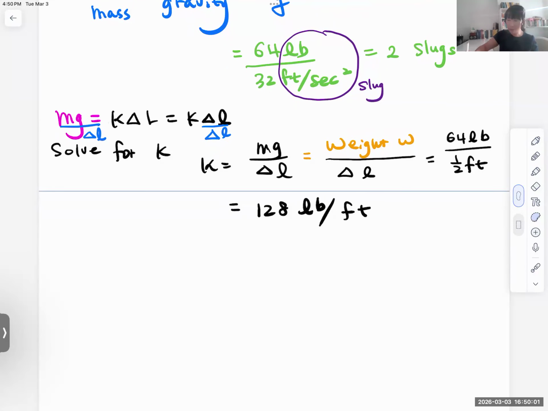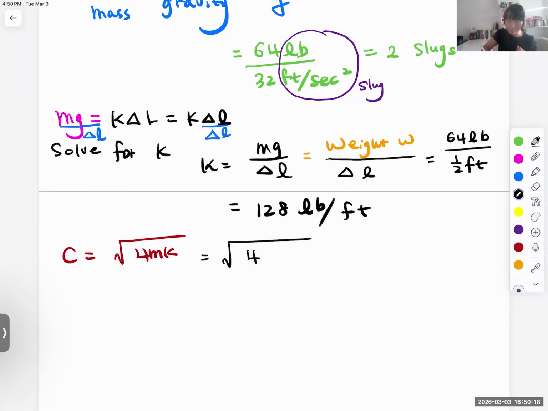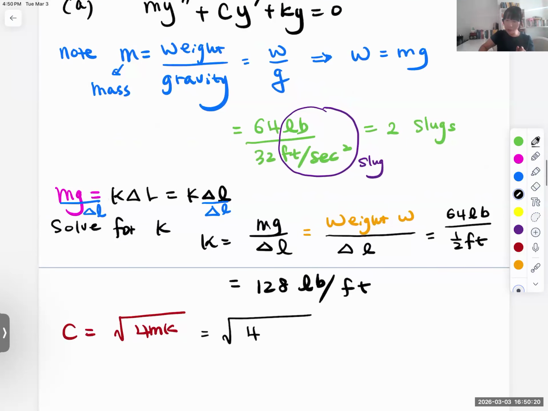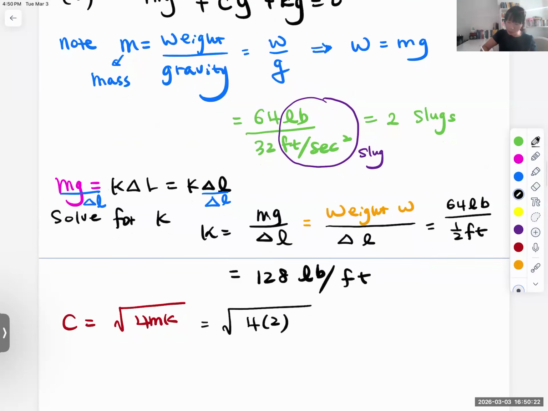Since it is critically damped, c equals the square root of 4 times m times k. So that is the square root of 4 times m, where m is 2 slugs, times k, which is 128.